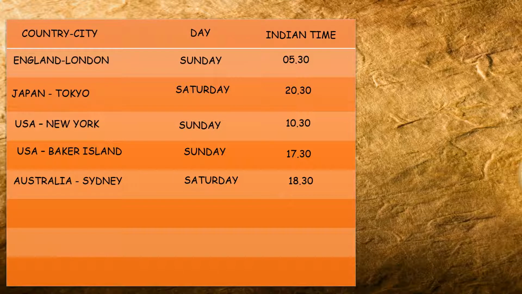No, because it was Saturday evening, that is 6:30 p.m. So still we were moving towards the New Year celebration. Now, the next country is New Zealand, Auckland. When New Zealand, Auckland was celebrating their New Year, it was Saturday and it is 16:30 hours, means Saturday evening 4:30 p.m.